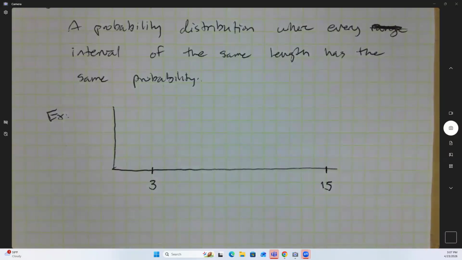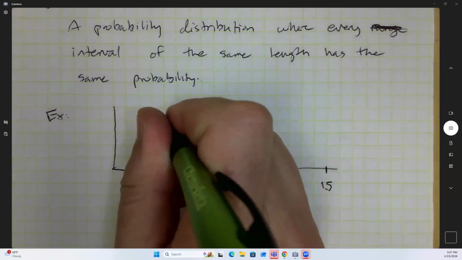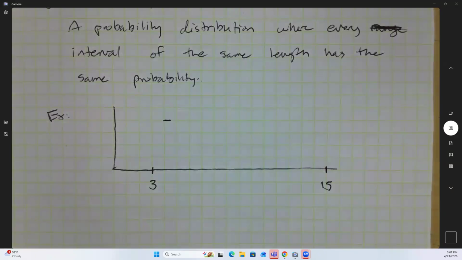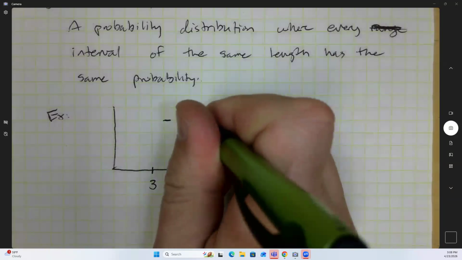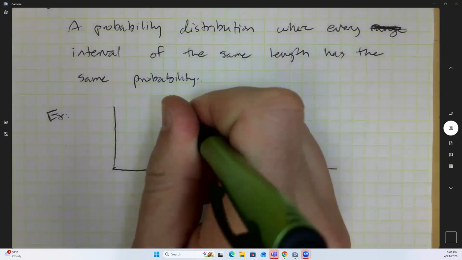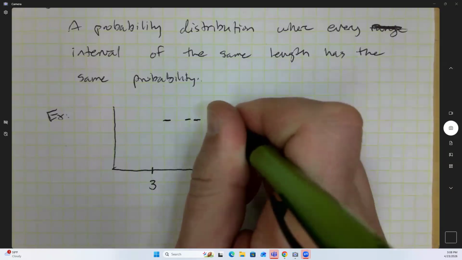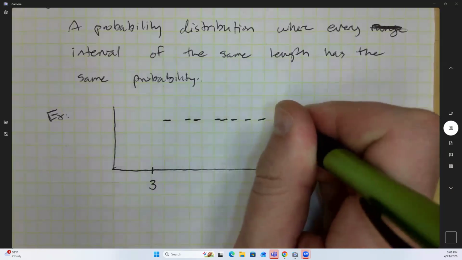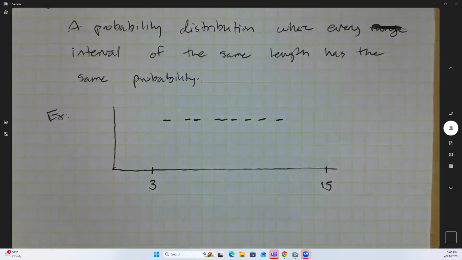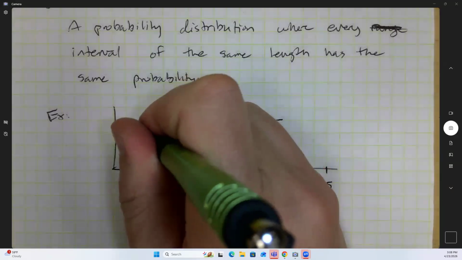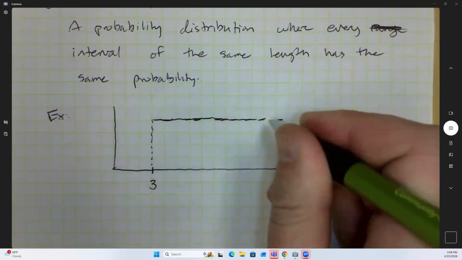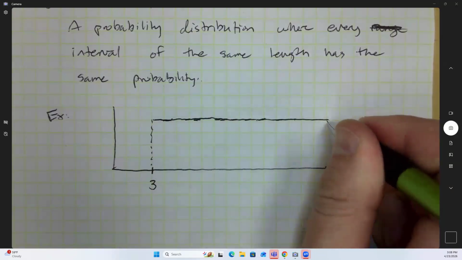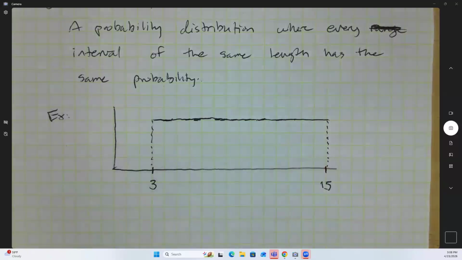If every interval of the same length has the same probability, then an interval that's this long has the same probability no matter where it is. So I'd have to put it anywhere. And when I do this, what do I end up with? A flat line that goes between the minimum and the maximum. That's what a uniform distribution looks like.